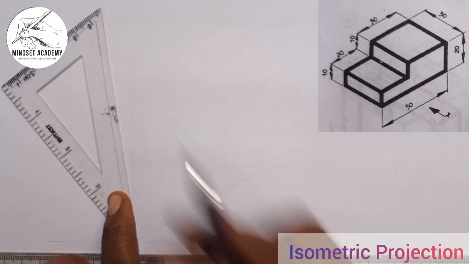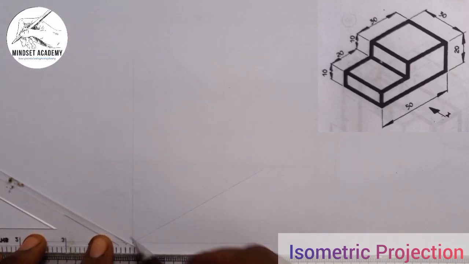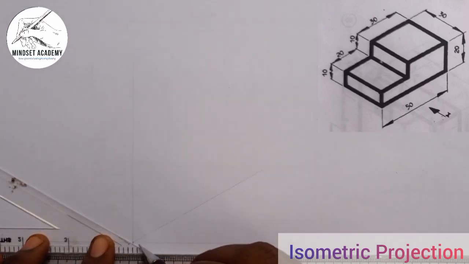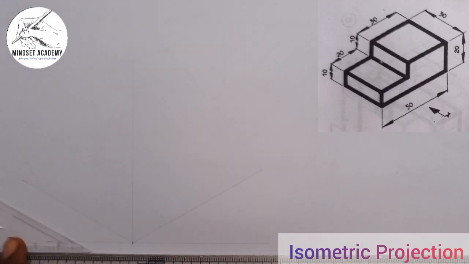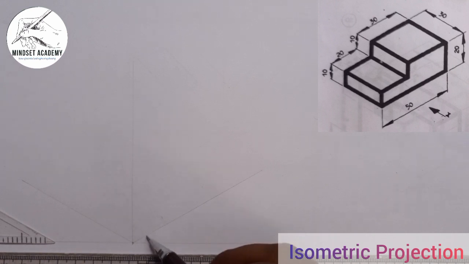Then I'll move to the other side also. I'll do the other line this way. So this line you see is at another 30 degrees. It means that the angle between here and here is 30 and the angle between here and here is 30. Now this axis you're seeing here is the axis on the screen that my arrow is pointing to.